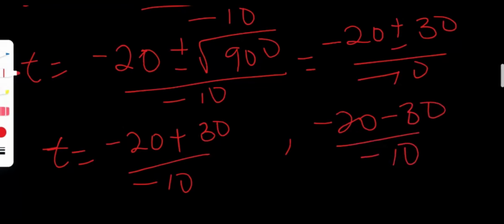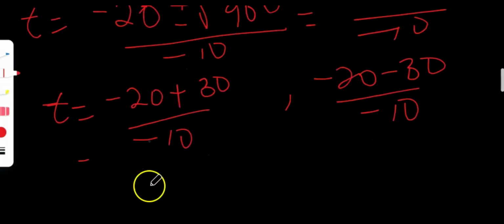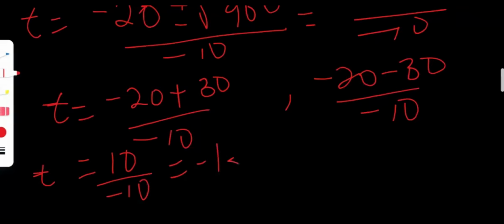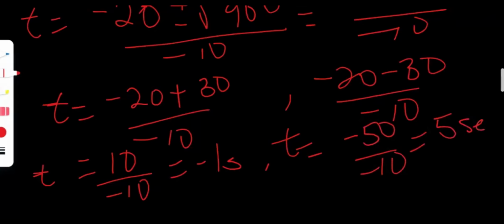The first t would be this minus this is 10 over minus 10, that is minus 1 second. Or t can also be this minus this is minus 50 over minus 10, which is 5 seconds. So t can either be minus 1 second or 5 seconds.